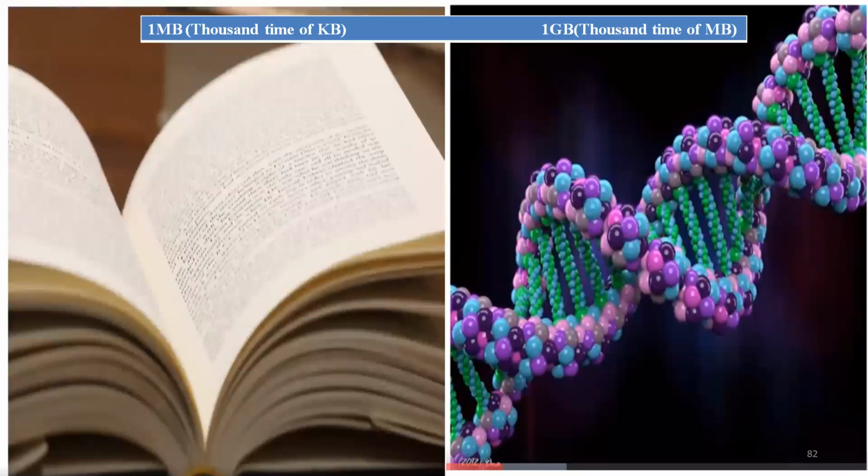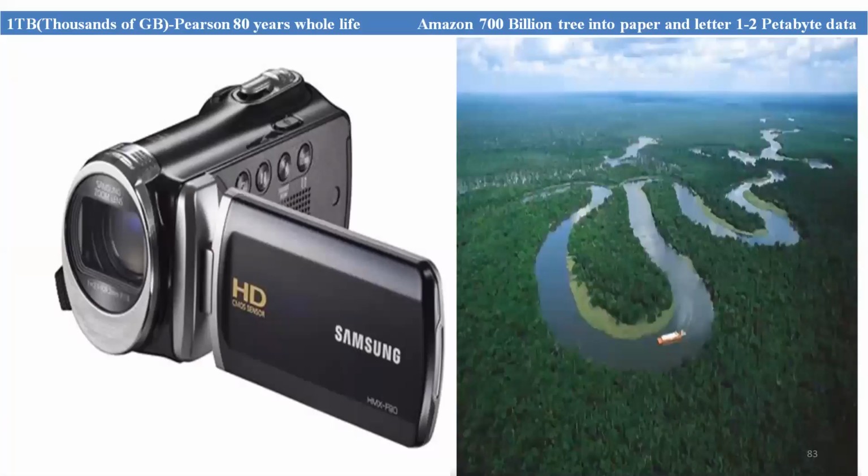If you store your entire DNA data on your computer, it will take almost 1 GB, which is 1000 times a MB. If you record your entire life, from childhood to 70 years old, in an HD camera, every single second, it will take almost 1 TB of space.